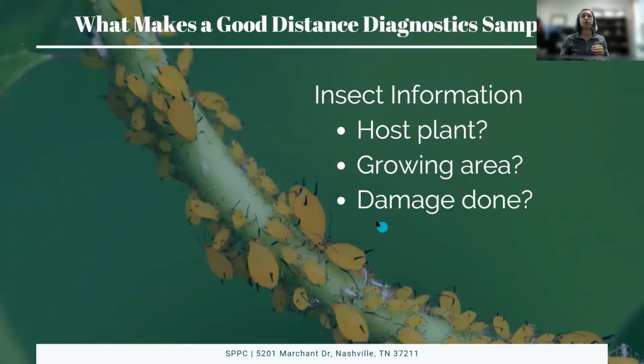And then particularly with insects, having some images of the damage that's been done by the insect is very helpful. So checking the entire trunk of a tree for any boring holes in the tree will let me know which type of wood boring insect we may have. Is there only damage to the leaves?